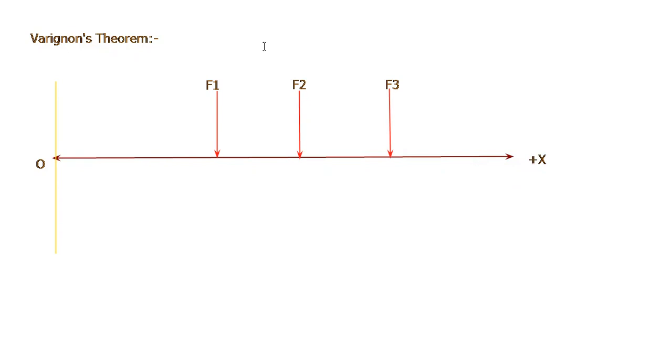Now there is a certain resultant, and let us assume that this resultant is acting here at a certain distance. This resultant is your capital R. Now we have certain distances.